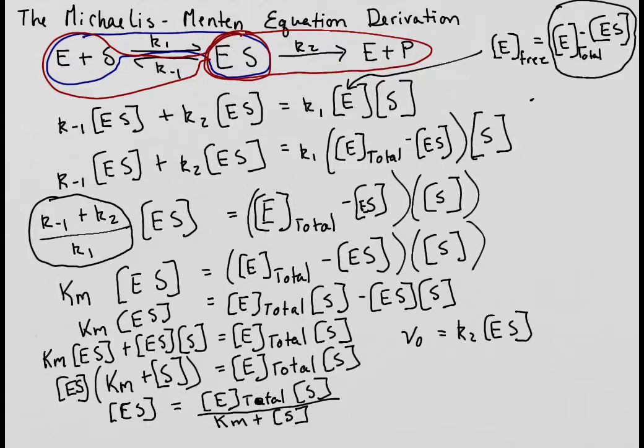So at this point, we can now plug in this entire conglomeration into this equation, which will allow us absolutely to be relating initial velocity to substrate concentration. So we're going to go ahead and bring up a new tablet view so that we can go ahead and do that.